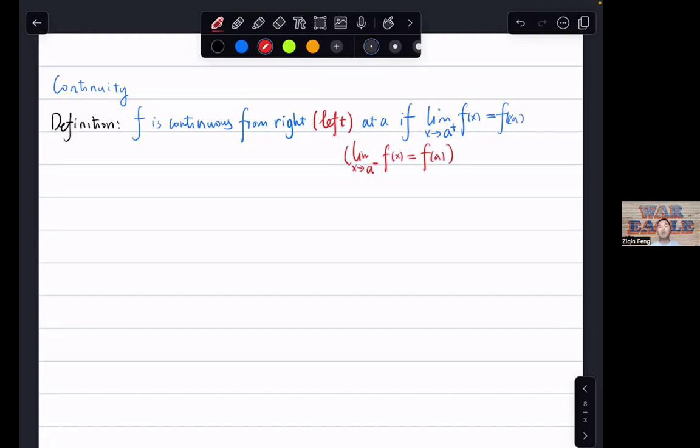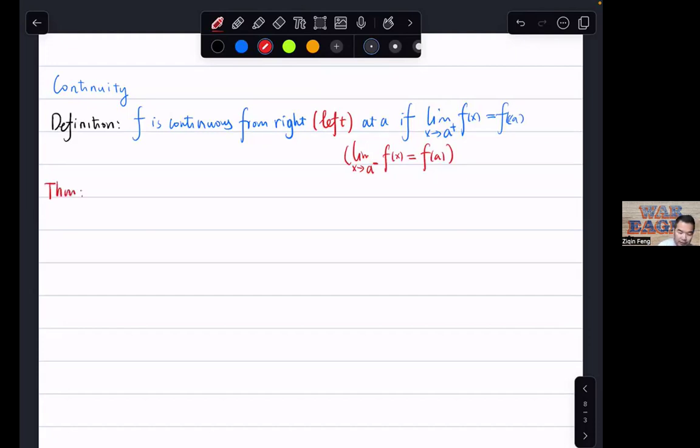Because we will discuss on what interval the function is continuous: if you have a closed interval, at the endpoints it is just either continuous from right or continuous from left, and that means the function is continuous everywhere. And by our fundamental rules about evaluating limits, the following results come very naturally.